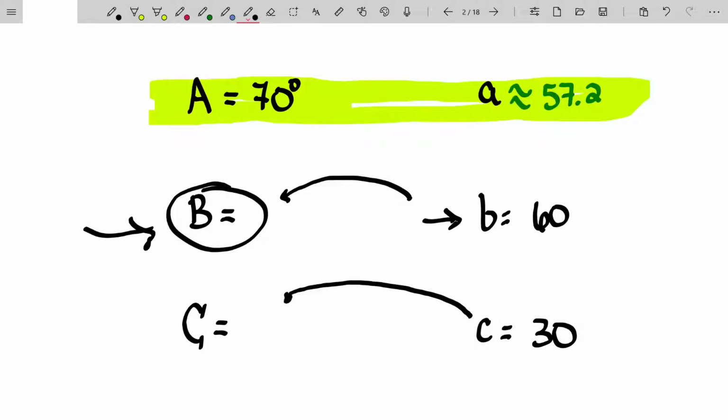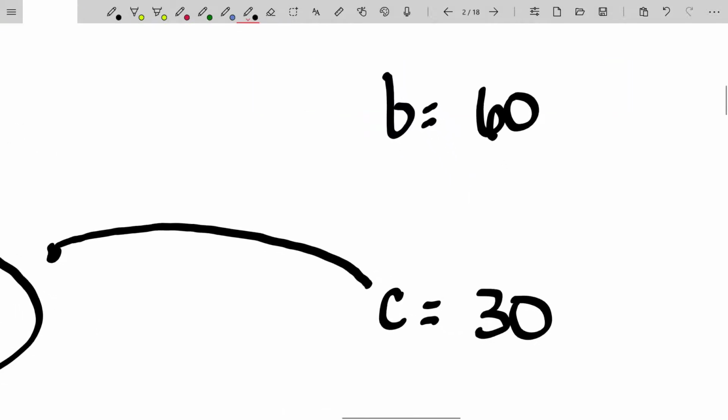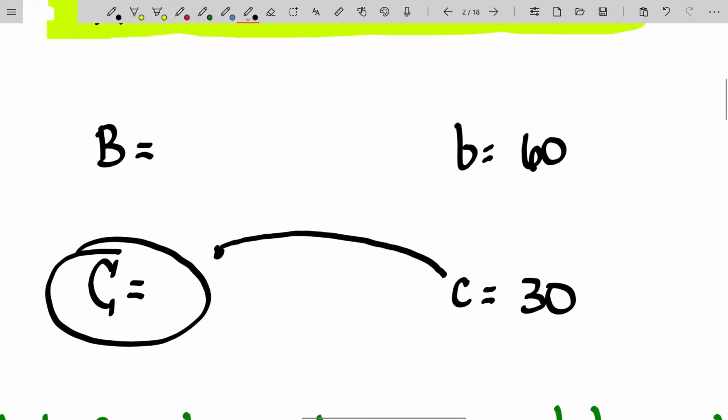You should always use the law of sines on the angle opposite the smaller side, because you can guarantee that the smaller side will be opposite an acute angle. You can't have two obtuse angles within a triangle. You can't have two angles at 90 degrees or greater within the same triangle.